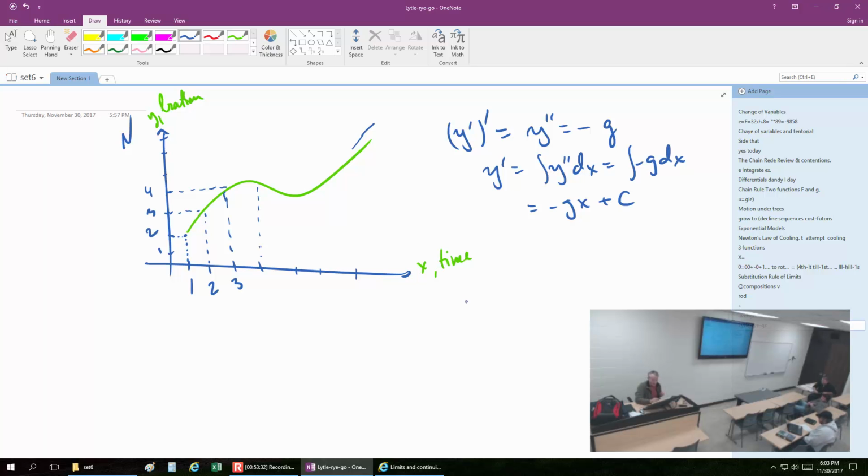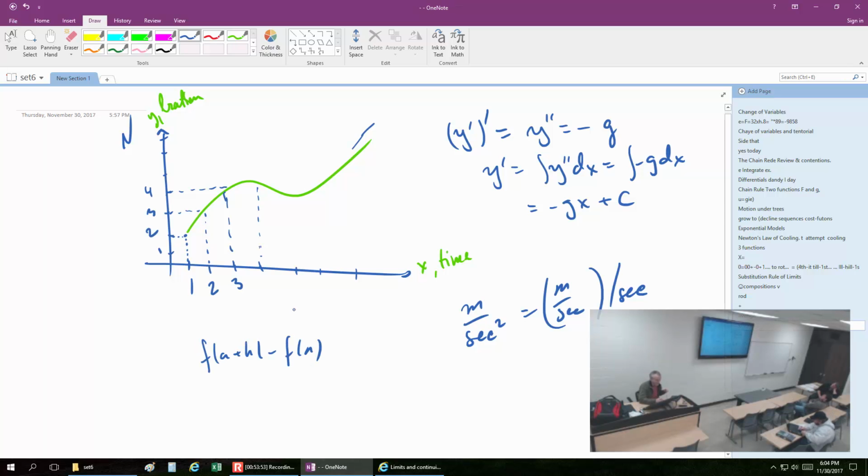So it's a meter per second squared is meter per second, right? So it's like taking that difference quotient twice. Remember, the difference quotient, the function is measured in meters, and that's the numerator, f of a plus h minus f of a. So these are meters, but then you divide by h, which is time, and measured in seconds.